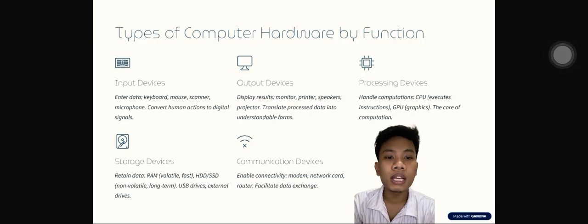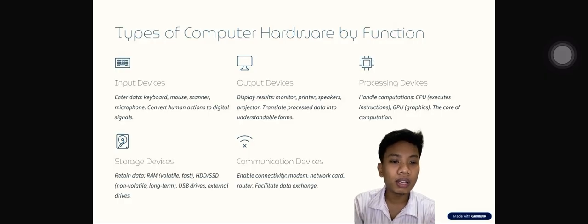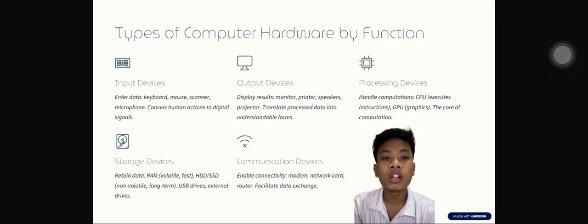The CPU executes instructions while the GPU specializes in graphics. The fourth, storage devices. For data storage, the primary is RAM and secondary is HDD and SSD. The last one is communication devices for enabling connectivity.